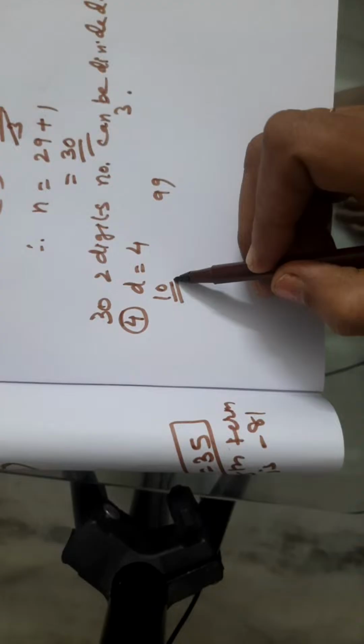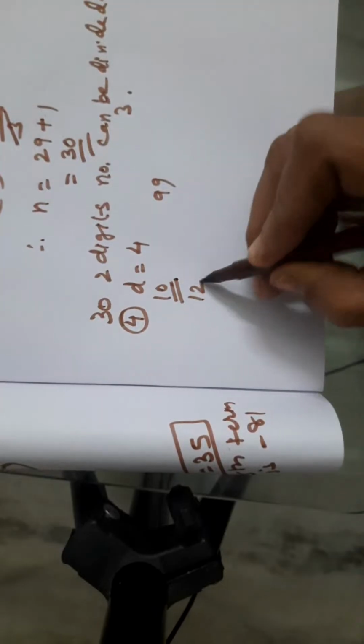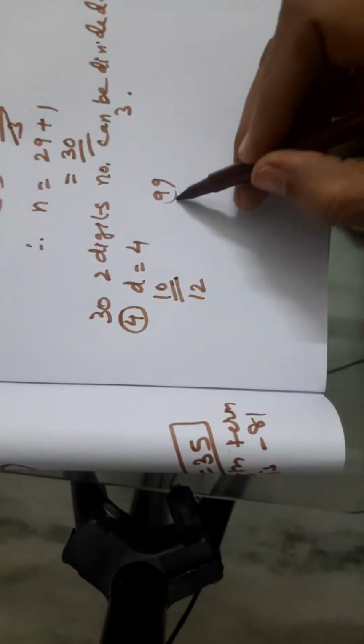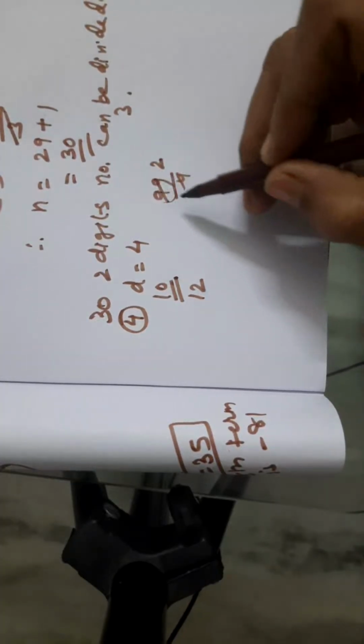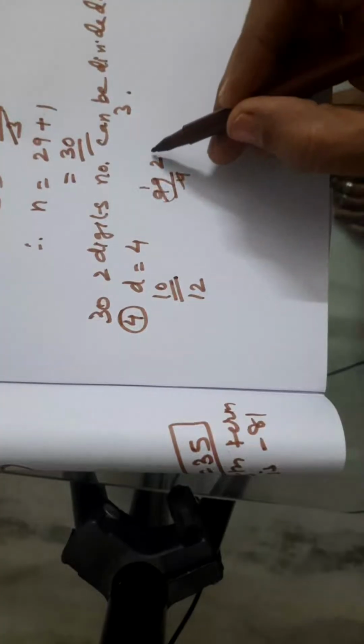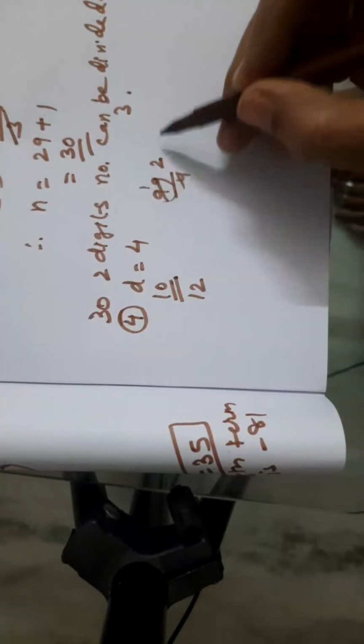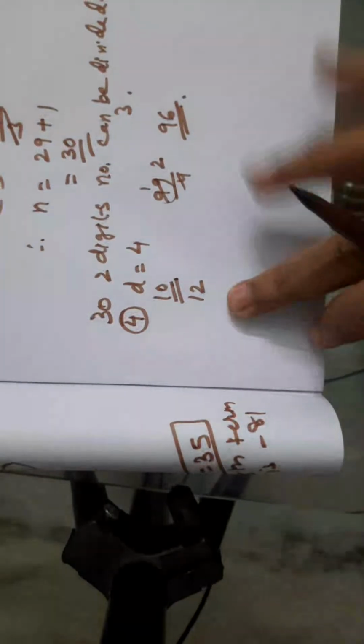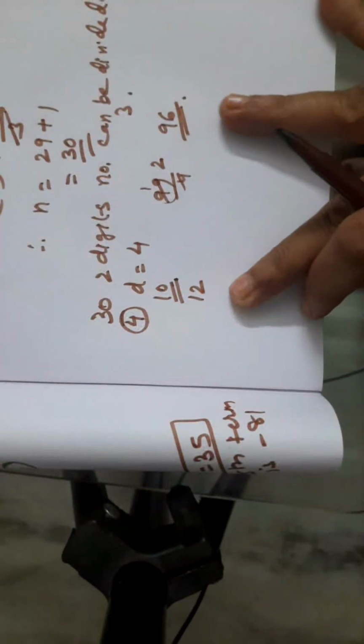The first number after 10 which comes in the 4 table is 12. And the last number 99 also does not come in the 4 table. If we divide it by 4, 4 2s are 8 and then 1 carry, 4 4s are 16. So 96 is the last number which can come in the 4 table. We find the numbers in that way by dividing.